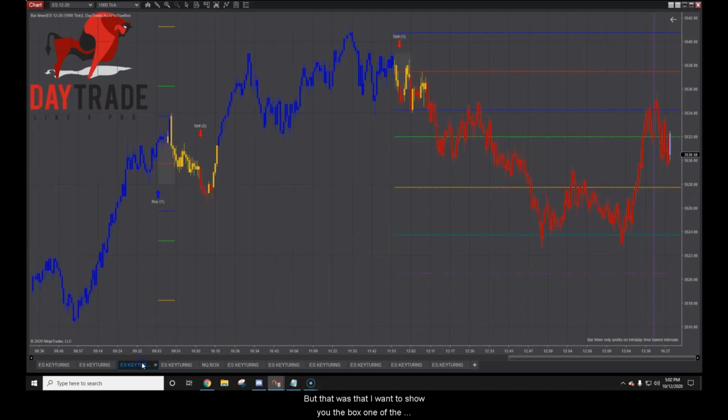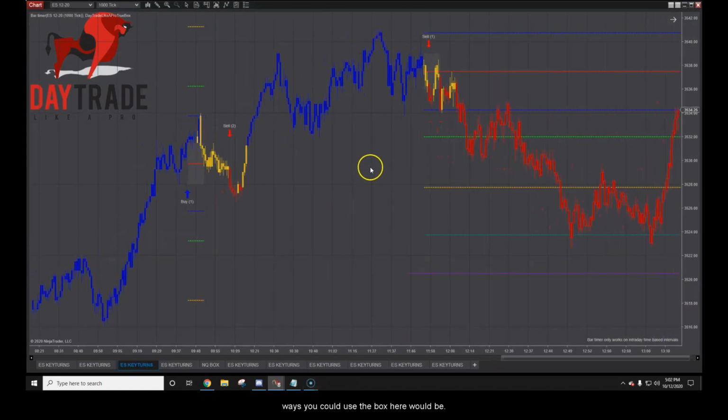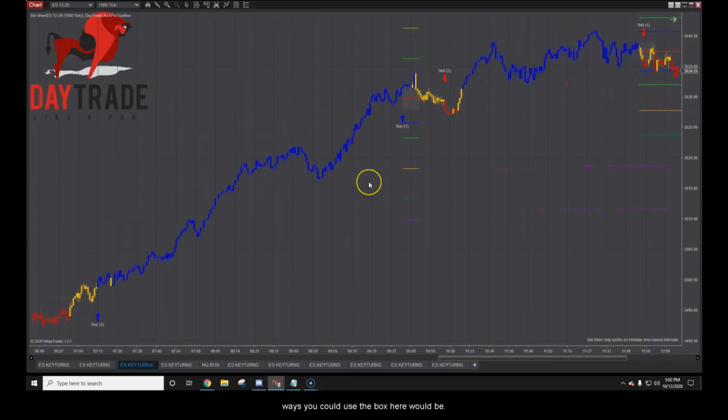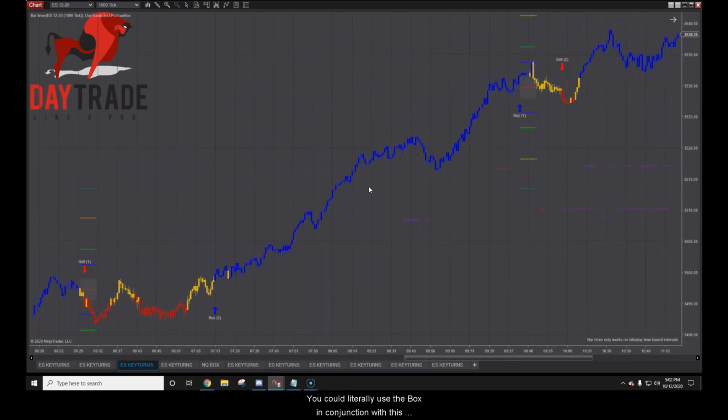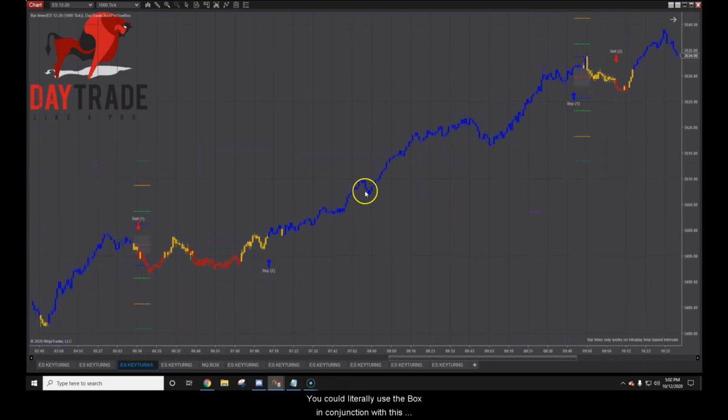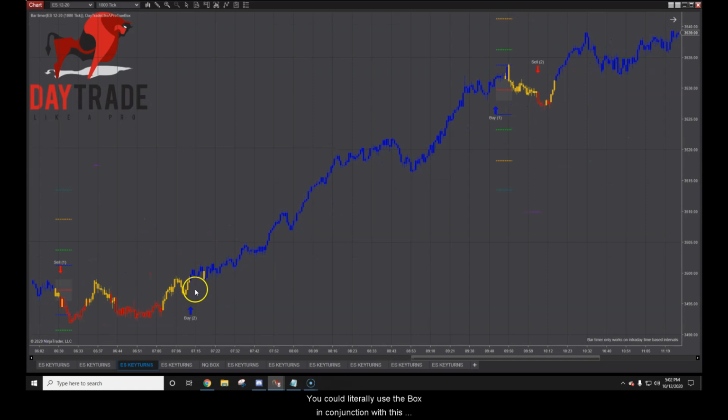But that was that. I want to show you the box. One of the ways that you could use the box here would be you could literally use the box in conjunction with this. Here is the open right here. There was a short opportunity. It dropped about 8 points or so.